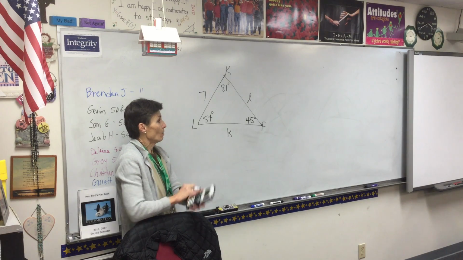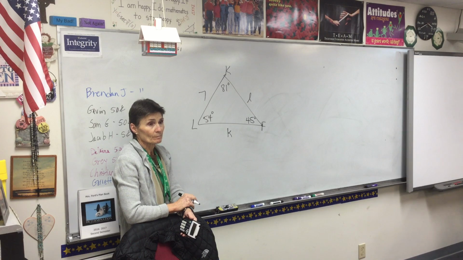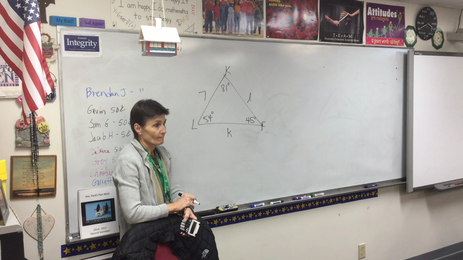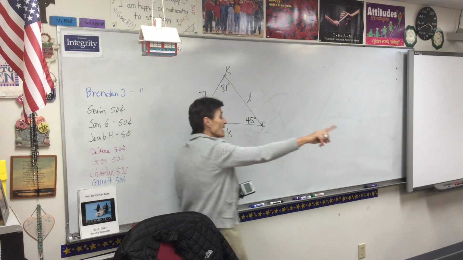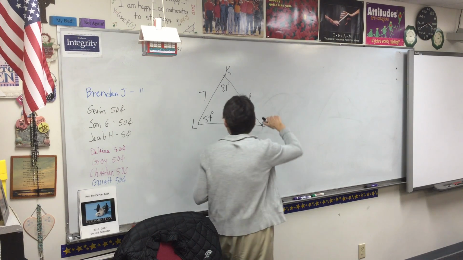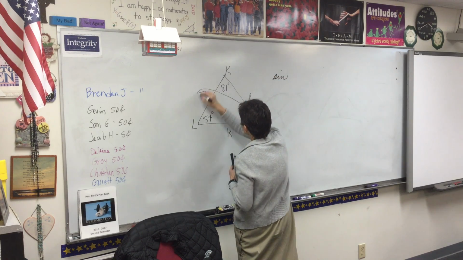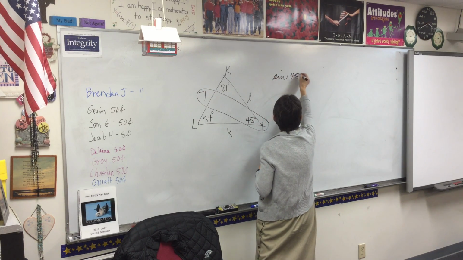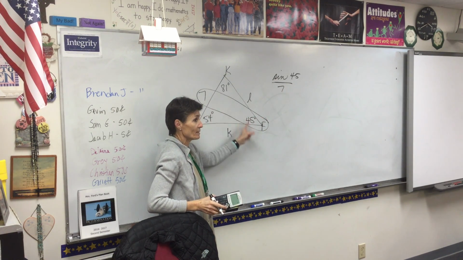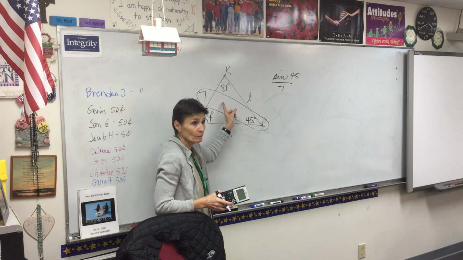Okay, now, how are we going to start finding the other things we need? So what you're saying, Lauren, is that proportion, which is the law of sines. So she's saying sine, let's see, here's my set I want to use. Sine 45 over 7. That's the set I want to start with because that's the one I know, the only set I have both parts to.